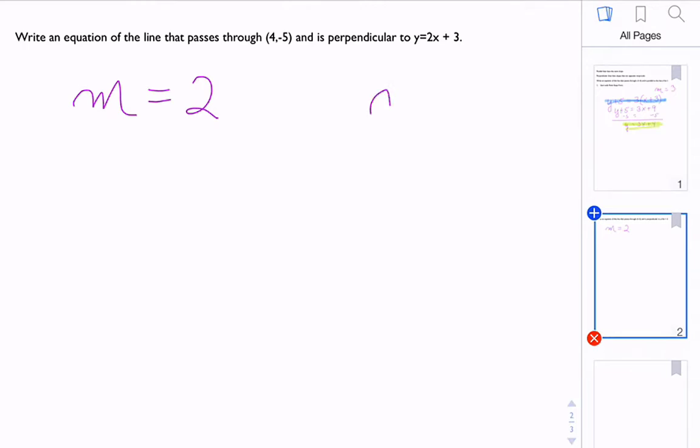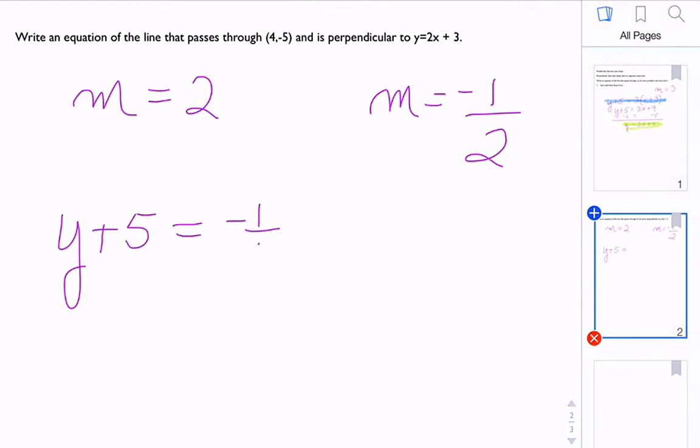So the slope of this new line is going to be the reciprocal of 2, 1/2, and the opposite of that, negative 1/2. Now I can still write it in point slope form, y minus a negative 5, y plus 5, equals negative 1/2 times x minus 4. There it is in point slope form.